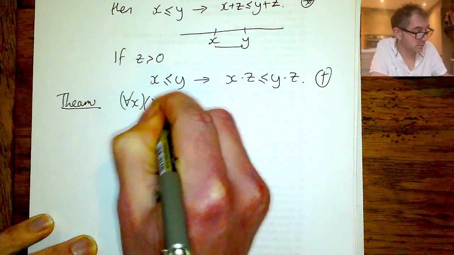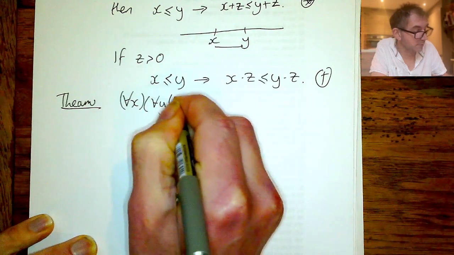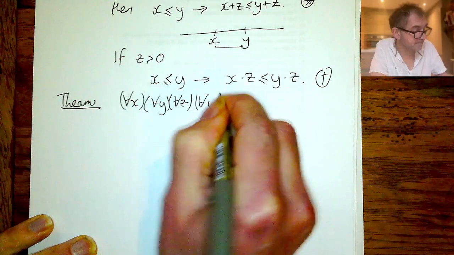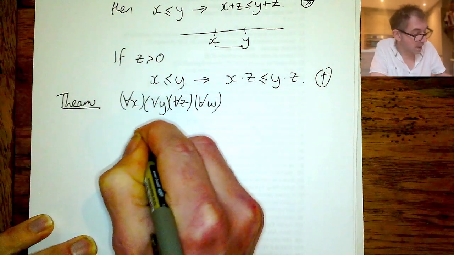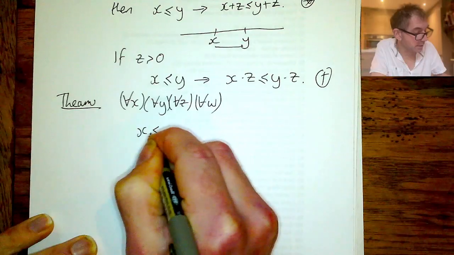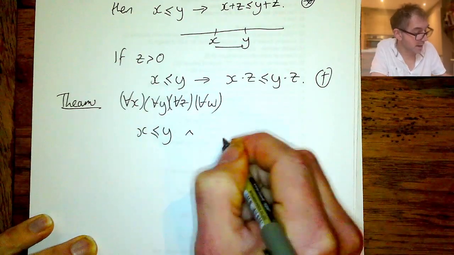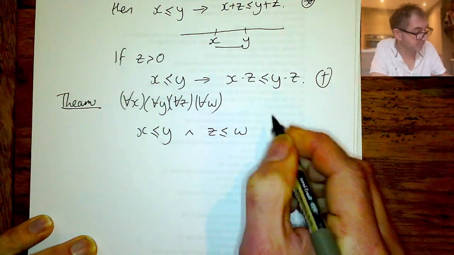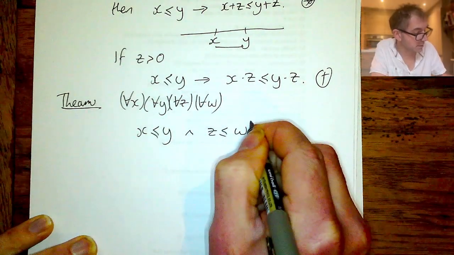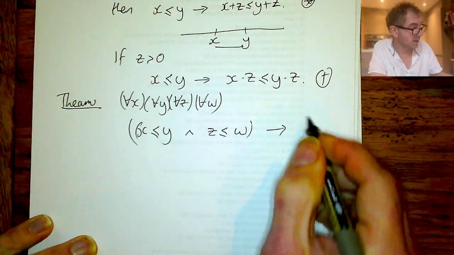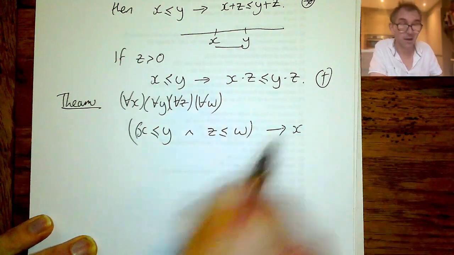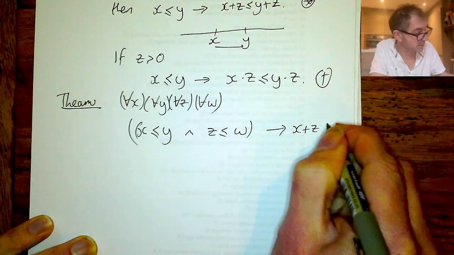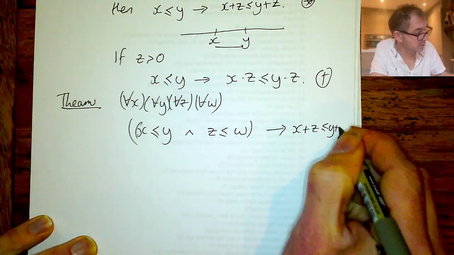For all x, for all y, for all z, for all w, x less than or equal to y and z less than or equal to w, this being true is enough to tell you that you can basically add the two bits together. So x plus z is less than or equal to y plus w.